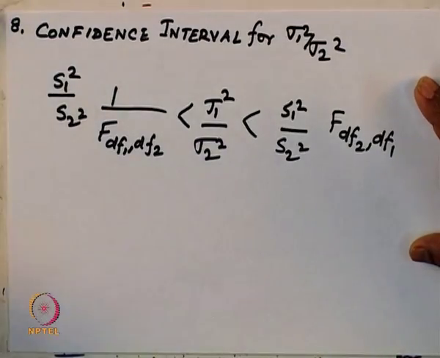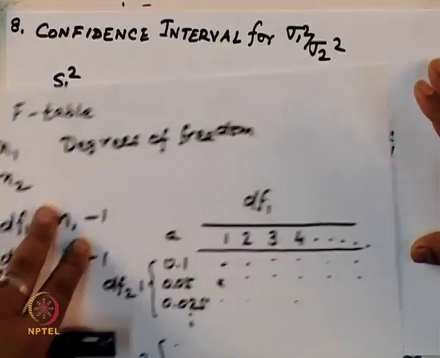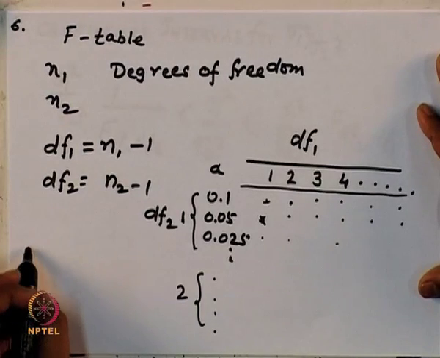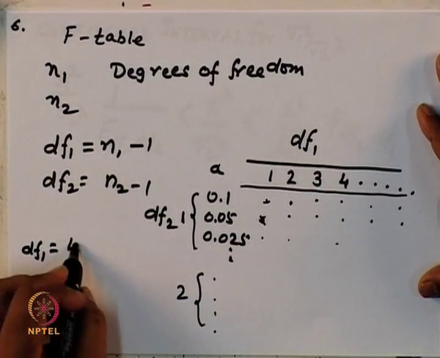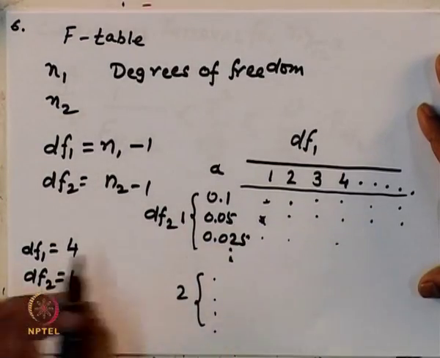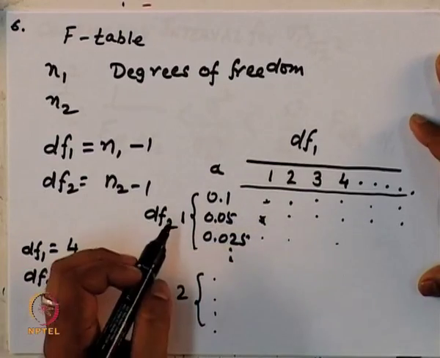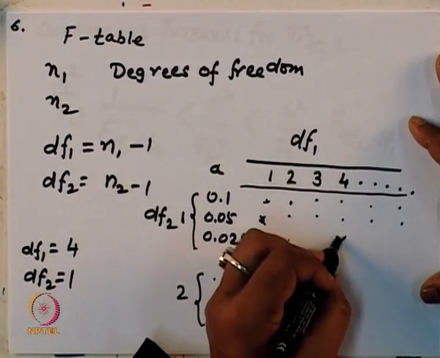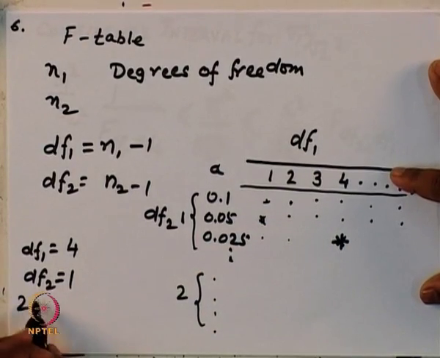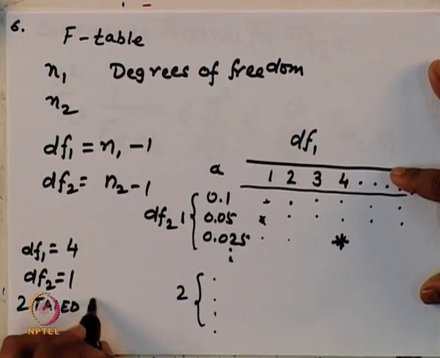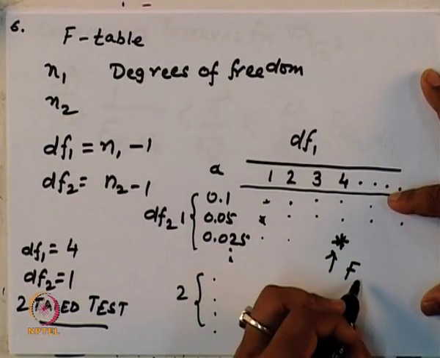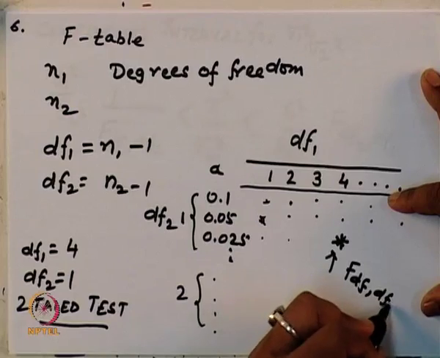So if we go back to the table, let us say if my df1 was equal to 4 and df2 equal to 1, 4, 1 with a significance level of 0.05, and if I am doing a two-tailed test, this is the value I would be looking for. So, for a two-tailed test, this is my F of df1 comma df2.